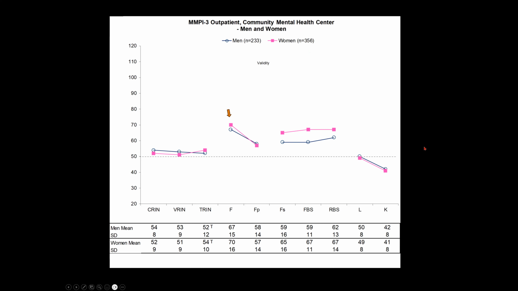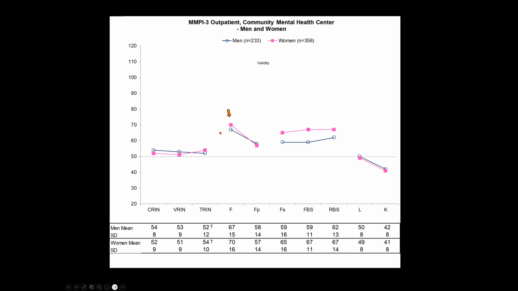The first fairly sizable difference is on the F scale, with men and women both scoring about 2 standard deviations above the general population mean. A T-score of 70 would be 2 standard deviations above the general population mean of 50, with a standard deviation of 10 associated with it.